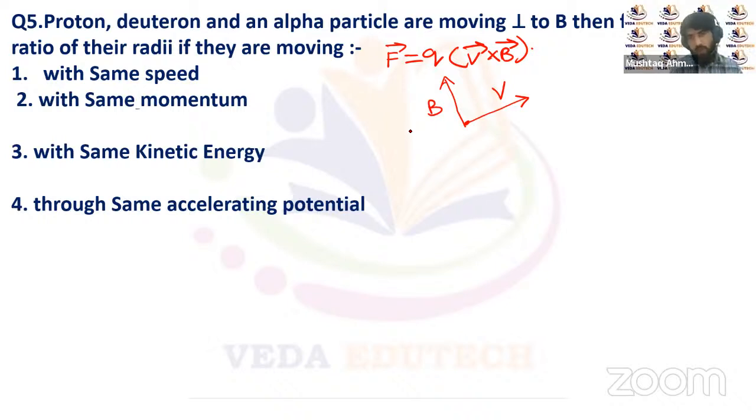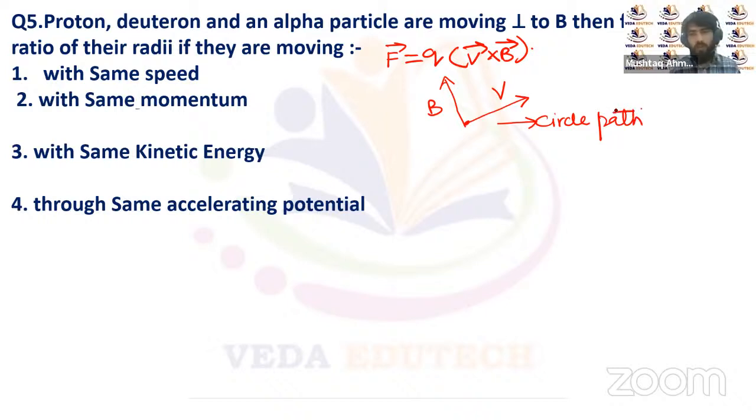Then the direction of V cross B will be perpendicular to the plane of V and B, and the particle will start to move in a circular path. The trajectory of this charged particle will be a circle.